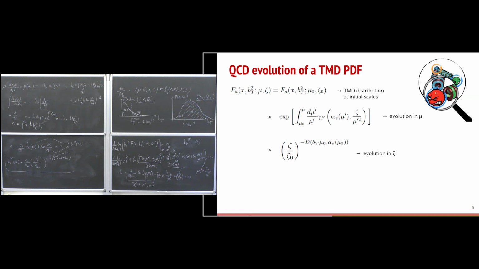So this function tells you what happens as a function of Q. If Q is small, what happens to b_T? It increases. So at small Q, b_T is large, and at large Q, b_T saddle point is small. So what you said in the beginning was correct with respect to Q.